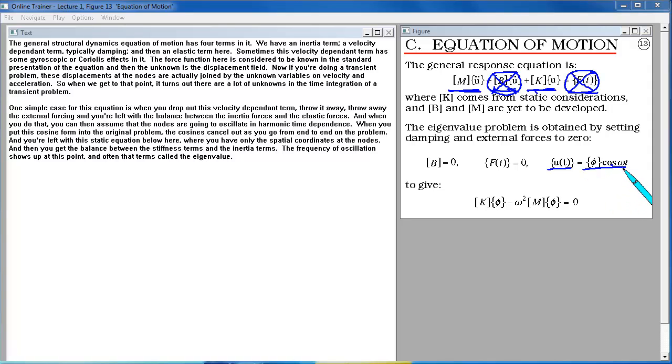When you put this cosine form into the original problem, the cosines cancel out as you go from end to end on the problem, and you're left with this static equation below here where you have only the spatial coordinates at the nodes. And then you get the balance between the stiffness terms and the inertia terms. The frequency of oscillation shows up at this point, and often that term's called the eigenvalue.